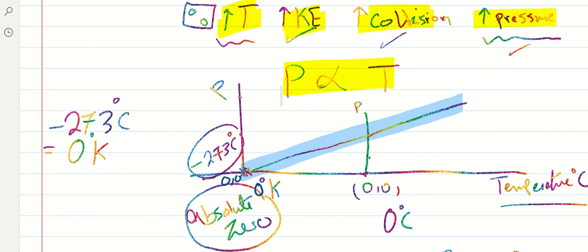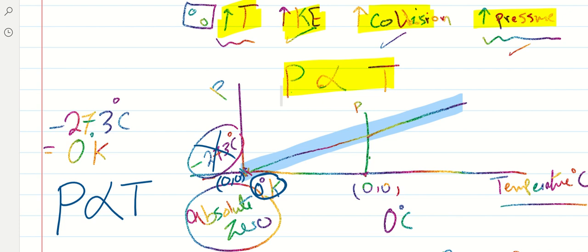Yes, it is 0, 0. We are going to take the temperature in Kelvin, not Celsius. So now it is a straight line passing through the origin. So I can say now that pressure is directly proportional to temperature, but measured in Kelvin.